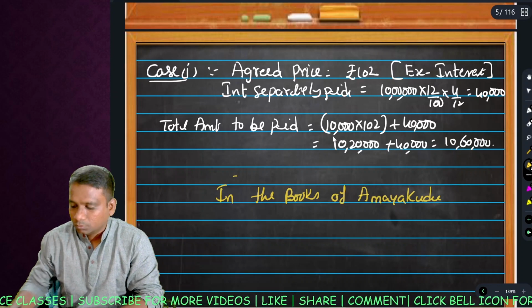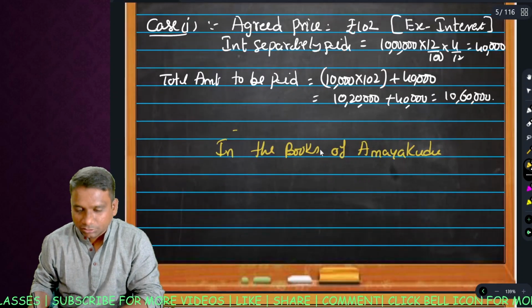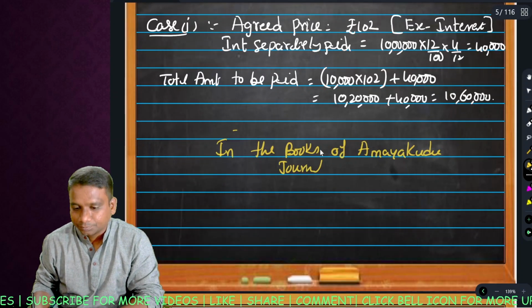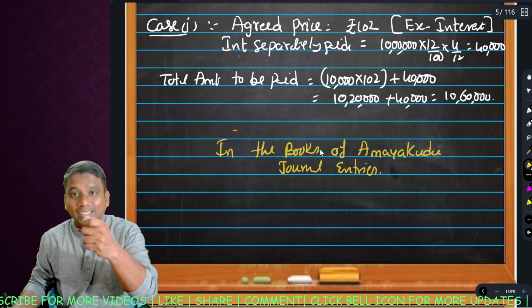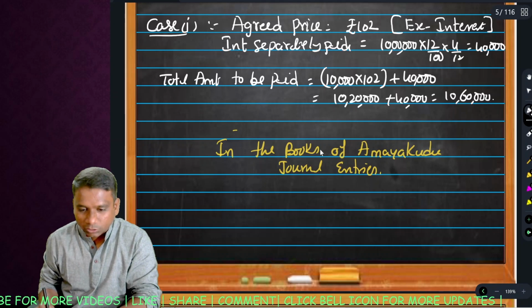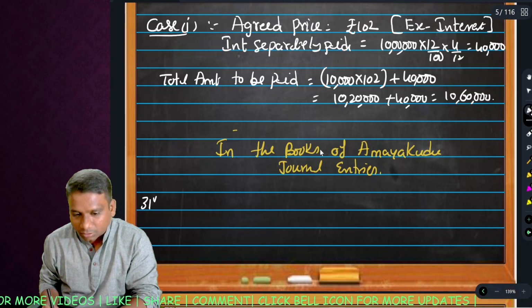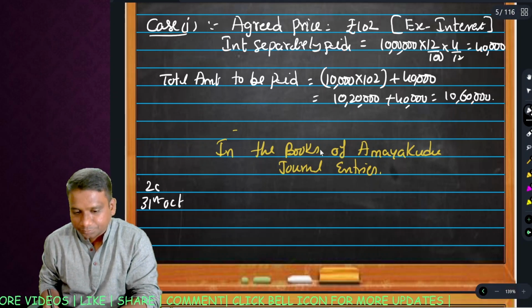Okay, Amayikudu is the seller now. So he receives the amount. Okay, on what date? 31st October.